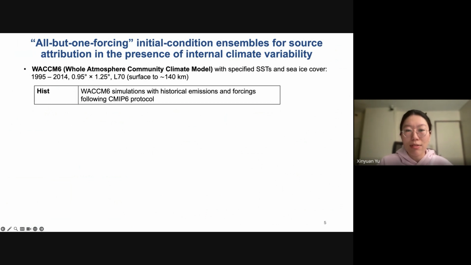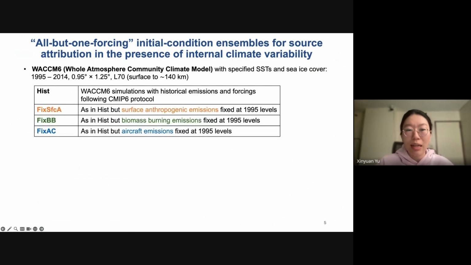The historical ensemble is generated with historical emissions and forcings following the CMIP6 protocol. Then three sensitivity simulations are conducted to quantify the drivers of ozone trends by fixing one forcing agent at 1995 conditions, as listed here. Each of them was run from 1995 to 2014.